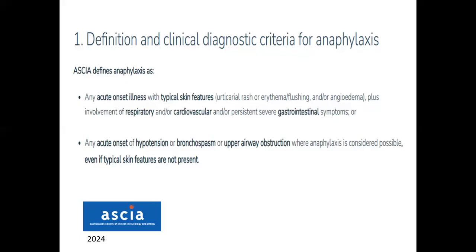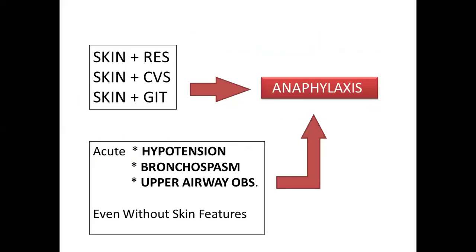So the summary of these things is in a schematic diagram. The first part of the diagnosis is skin plus respiratory, skin plus CVS, skin plus GIT. You can take that as anaphylaxis.